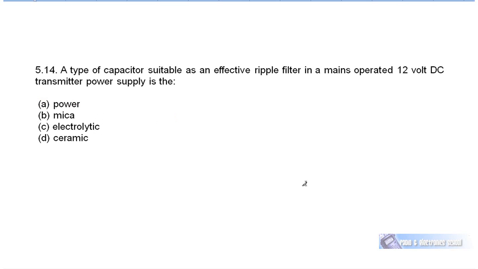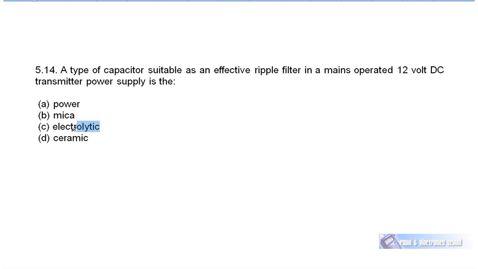5.14. A type of capacitor suitable as an effective ripple filter in a mains operated 12 volt DC transmitter power supply is the... Well, you want a lot of capacitance for a power supply. 50,000 microfarads, 100,000 microfarads, and the only capacitor that will give you such a capacitance is a polarized capacitor. It's an electrolytic capacitor.